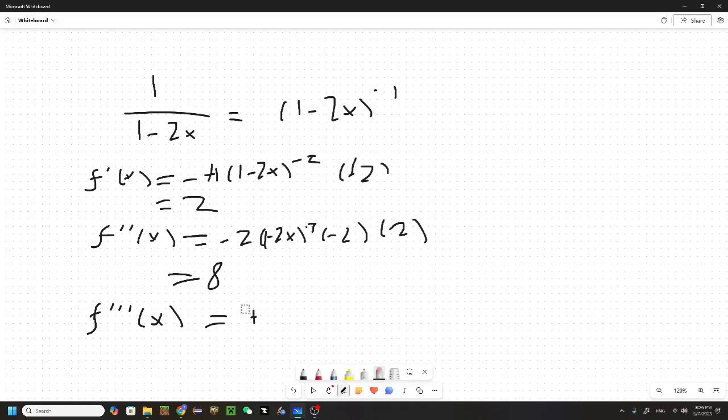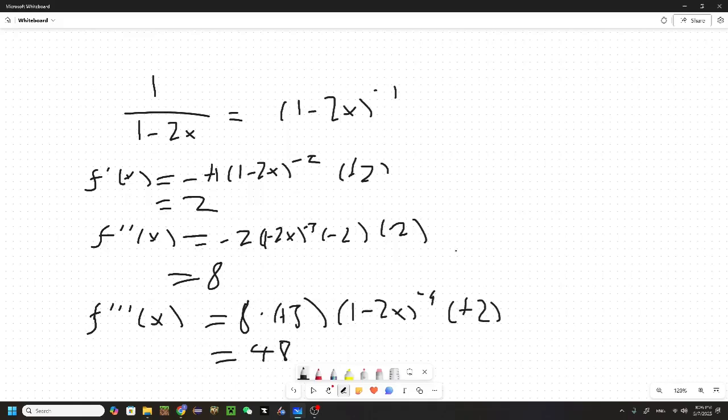So we'll have 8 times negative 3, (1 minus 2x) to the negative 4, and a second negative 2, so this will also be positive, and 6 times 8 is 48. That's all I'm going to do because I'm lazy, I don't want to do more terms.